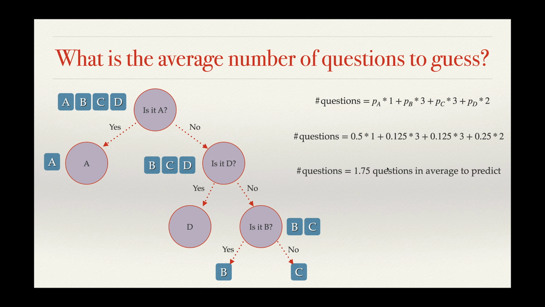So on average we have 1.75 questions to predict the outcome of this machine.